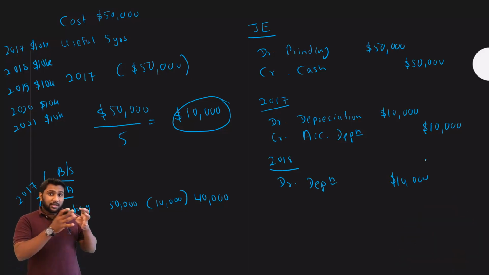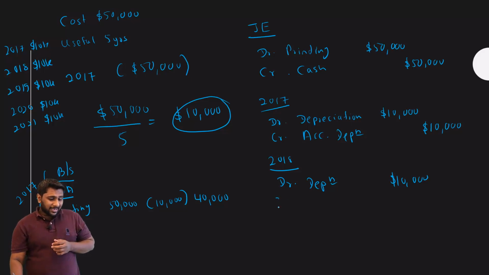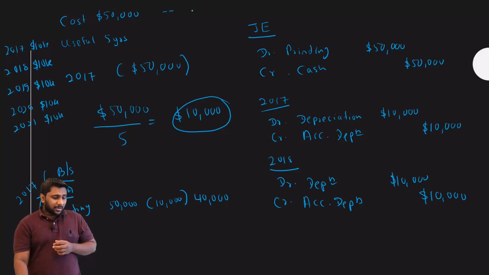And I will put this for which account? I will credit this to the accumulated depreciation account. So in the accumulated depreciation account, you will put another balance of 10,000 US dollars. If I am preparing the T account for accumulated depreciation, already you credited 10,000 for the year 2017, and for the year 2018 now you are crediting another 10,000.